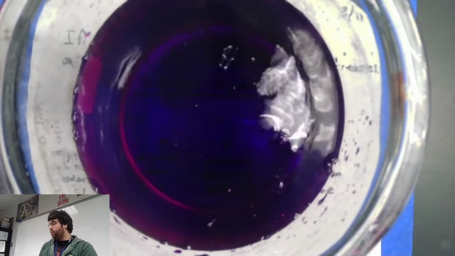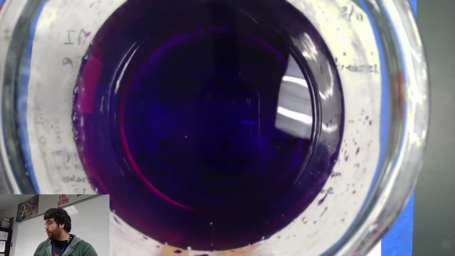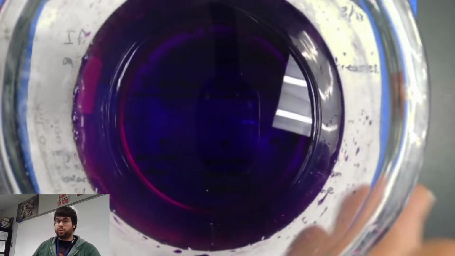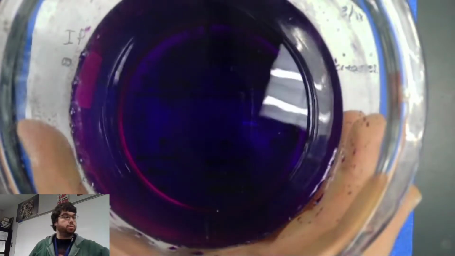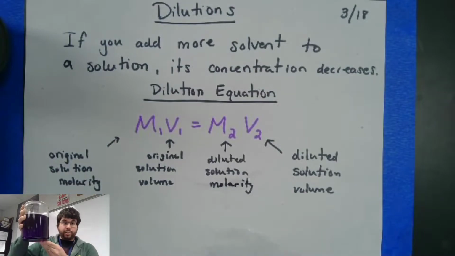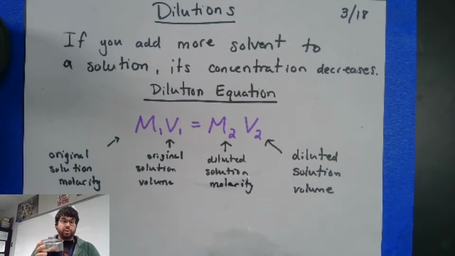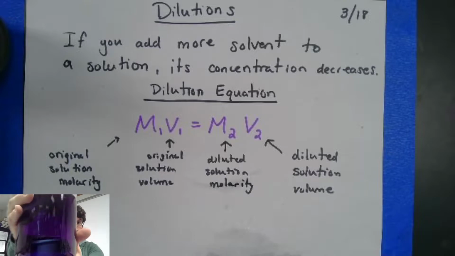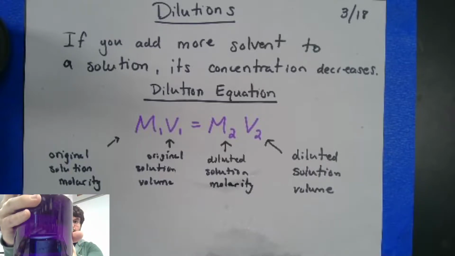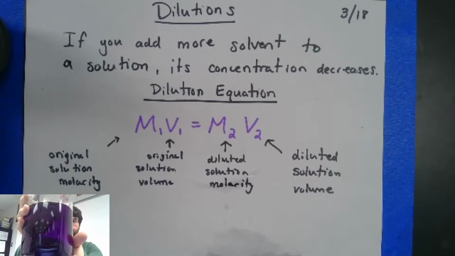Okay, so it used to be pretty dark purple, and now it is kind of a light purple. And that's because I diluted it. And if we go back in the video, you can see it's quite a bit less concentrated now. I've added a lot more water to it, and that reduces its concentration. It reduces its molarity. It was kind of a dark purple, and now it's sort of a light bluey purple color, which is kind of neat.